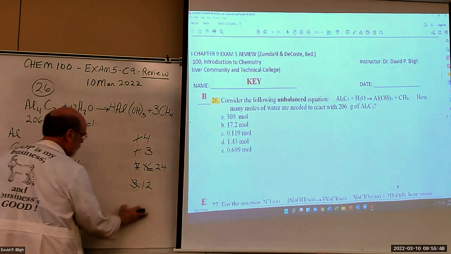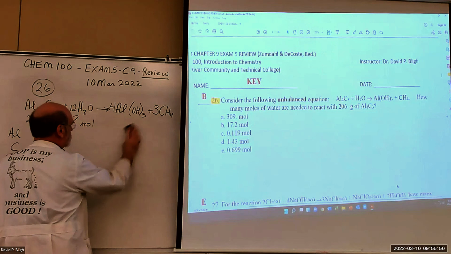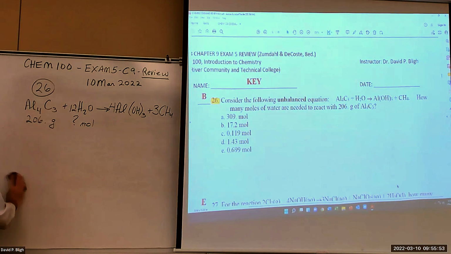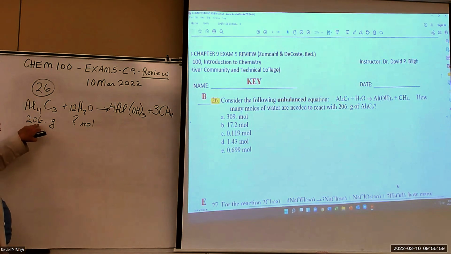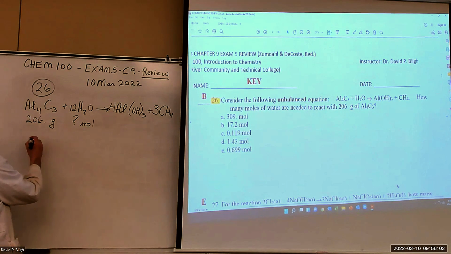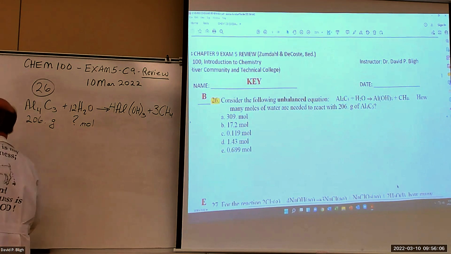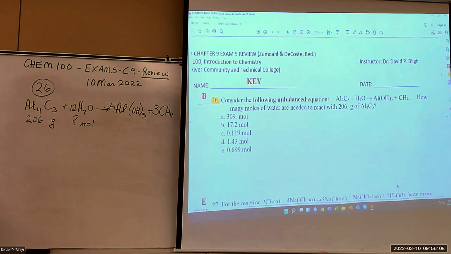Okay, now that we've got a balanced equation, we can work on the stoichiometry. How many moles of water? So we've got to convert aluminum carbide into moles. Let's see, 4 aluminums, 26.98.